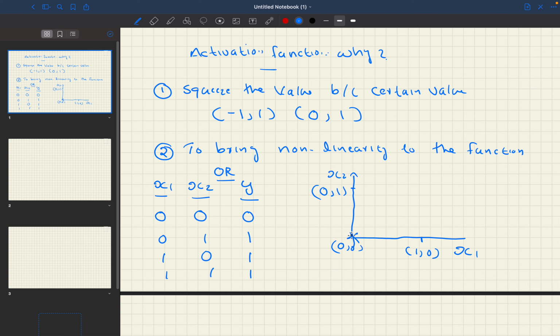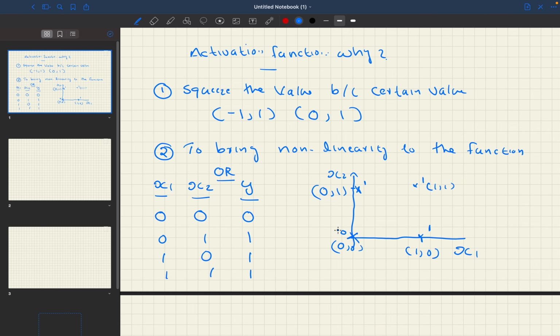Then 0 1 will be 1, so one point here. Then 1 0 is 1, here also it is 1. Then we have 1 1, somewhere here, and the point will be 1 here.